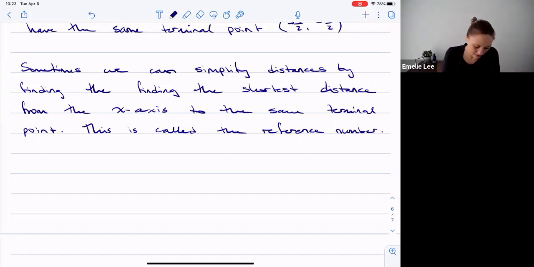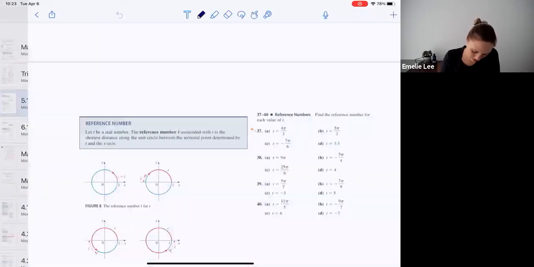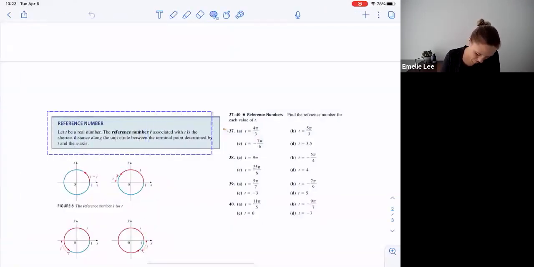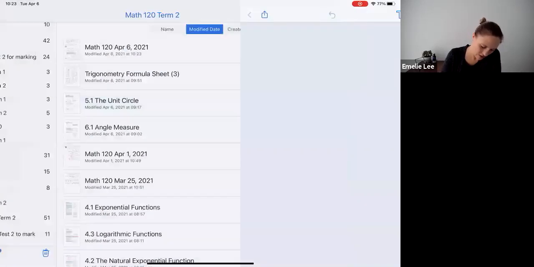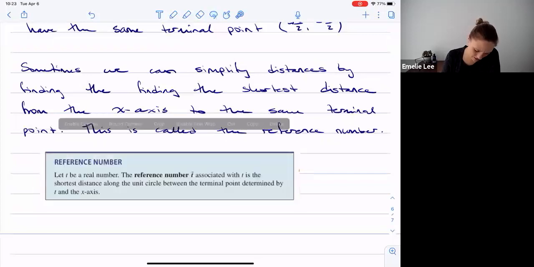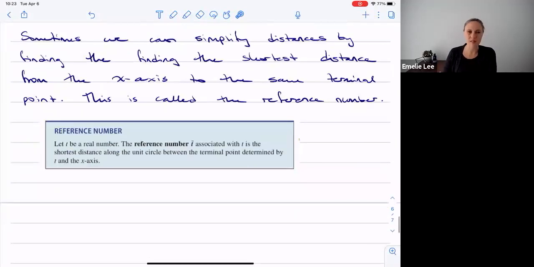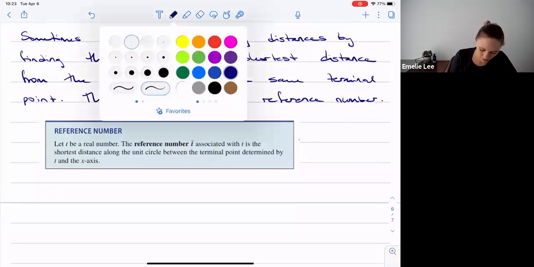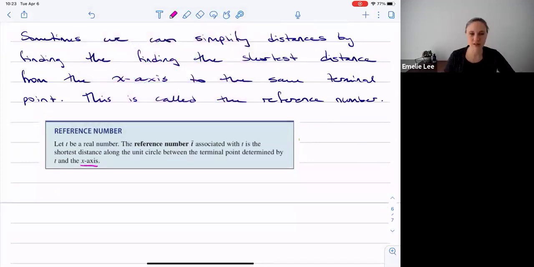Let's bring it in here. The reference number talks about the distance from the x-axis. If t is any distance, then the reference number, which we denote by t bar, is the shortest distance along the unit circle between the terminal point determined by t and the x-axis. It depends on where you are on your unit circle.